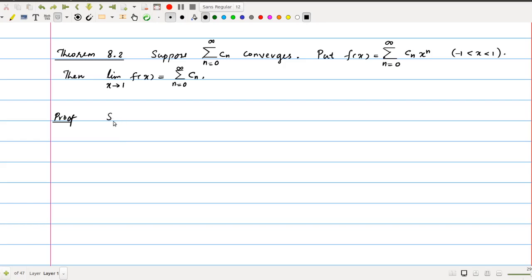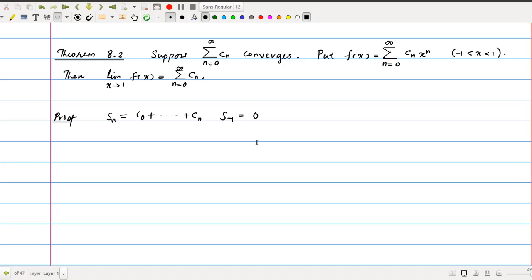Sn is equal to the sum of the series summation n equal to 0 to infinity Cn, that is C0 plus C1 plus etcetera up to Cn. And for convenience, we define, or we put a symbol, s minus 1 equal to 0. So this is just a symbol for convenience.